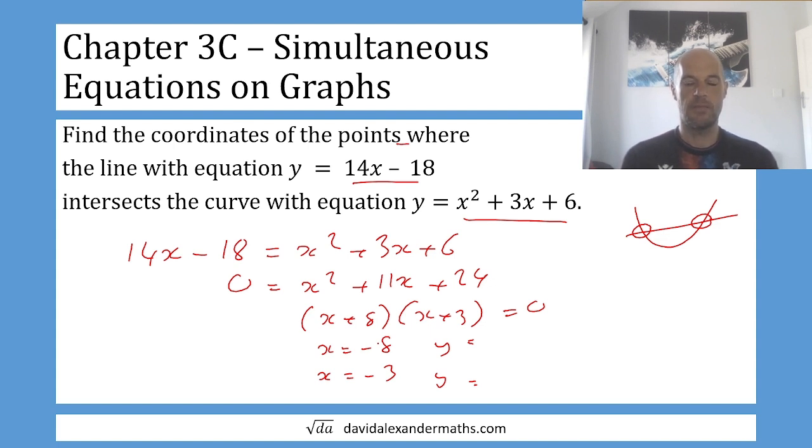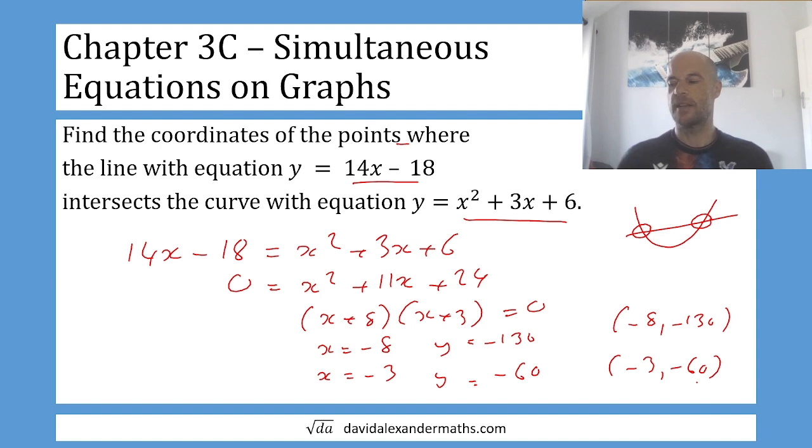So 14 multiplied by minus 8 minus 18, not 118. So that is minus 130. And 14 times negative 3 minus 42 minus 18 is minus 60. Okay, so what are the coordinates? The coordinates are minus 8, minus 130, and negative 3, negative 60.